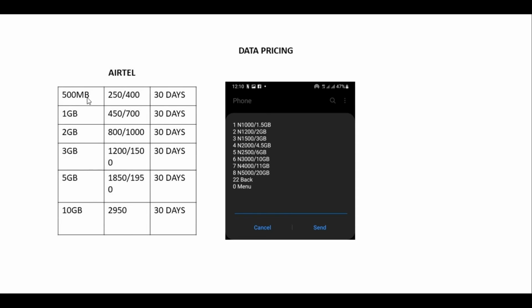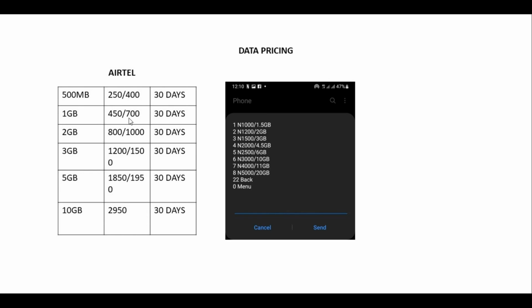We do. Then the 1 gig, though theirs is 1.5 gig, you can actually sell at the rate of 700, or you can sell it at 450, 500. Just sell it in between these figures and you're going to make a whole lot of profit.